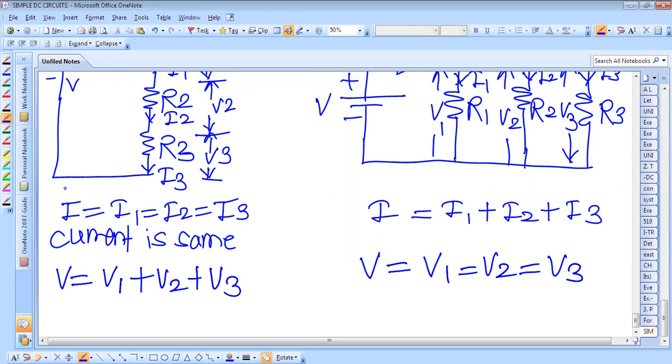So this is about the current, this is about the voltage, and the third is about the resistors.